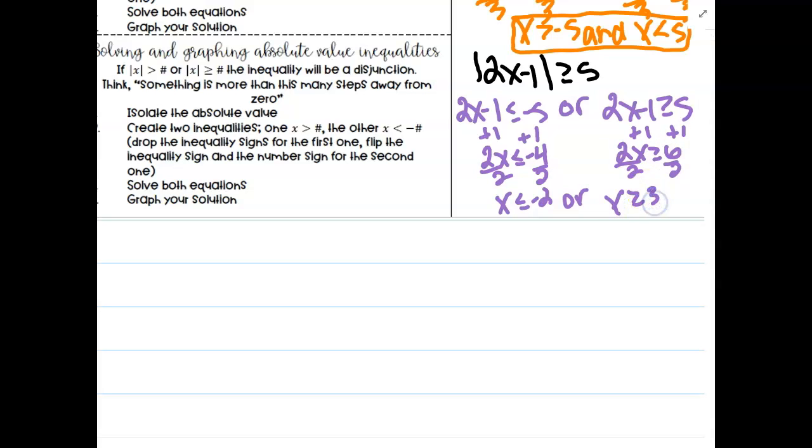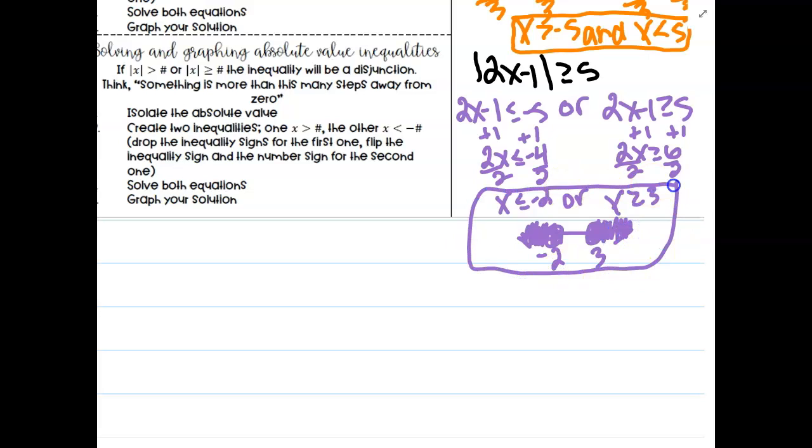Divide by 2, we have x is greater than or equal to 3. Since they're both equal to's, we have closed dots both places. Now remember with the ORs, you're shading everything. So you want all the numbers less than or equal to -2, or all the numbers greater than or equal to 3. So that's what your graph would look like there.